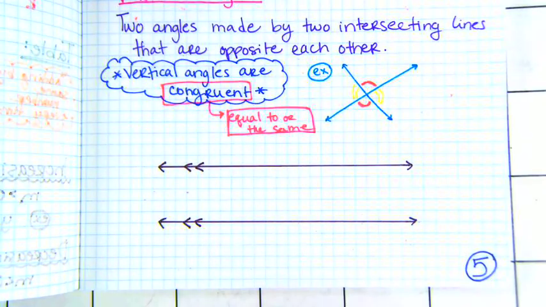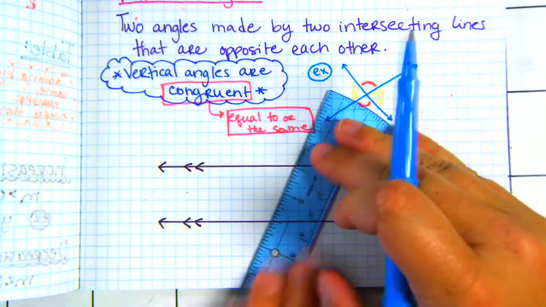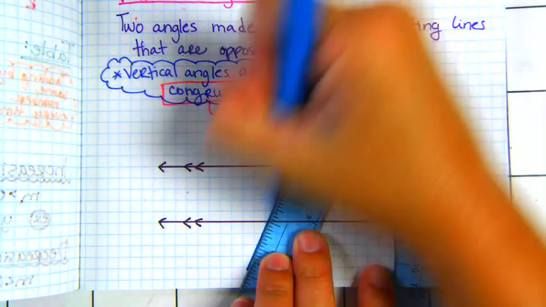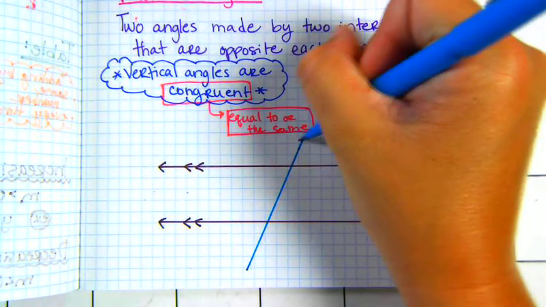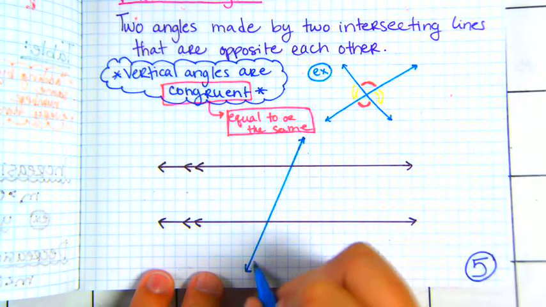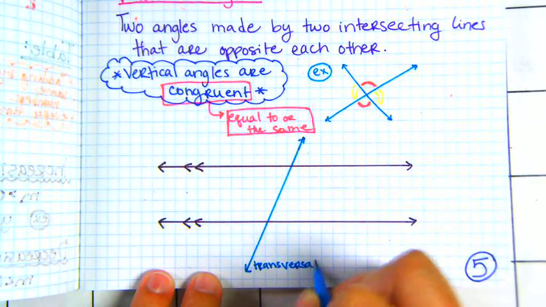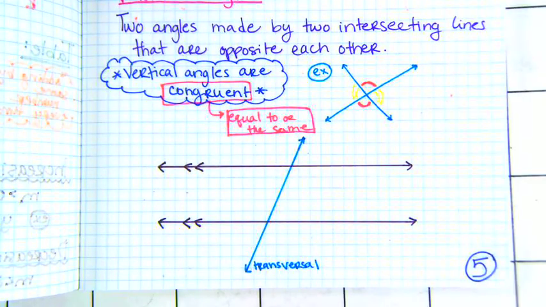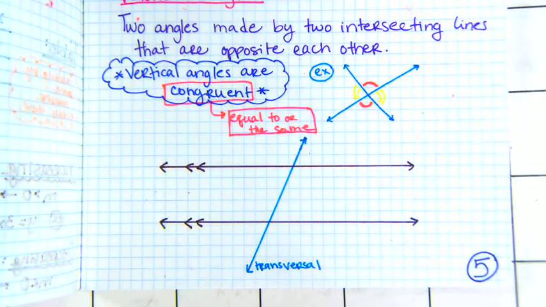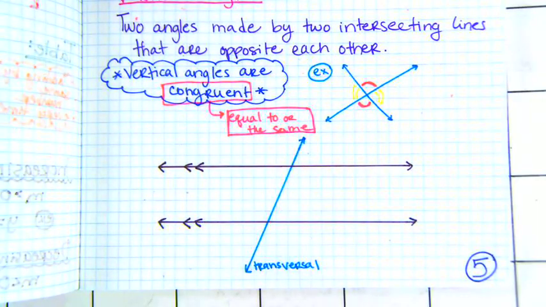So I have two parallel lines, and they're going to be cut by another line. And that line right there is called a transversal. Okay, so I have two parallel lines cut by a transversal. When that happens, there are a lot of properties that go along with this picture. And I'm going to label each angle.